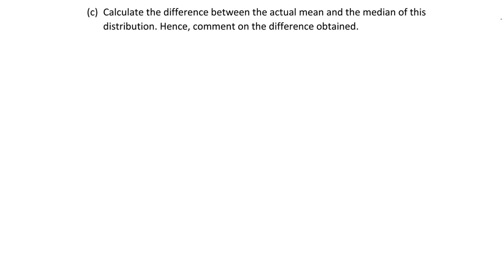Okay, so first let us recall the formula to find the median, which says median equals L plus, in brackets, N over 2 minus FB over FM, times C, of which L is the lower real limit of the median class, FB is the summation of the frequency below the median class, FM is the frequency of the median class, and C is the class size.